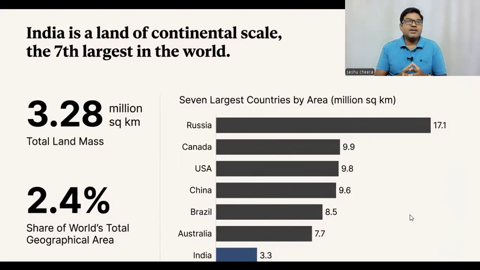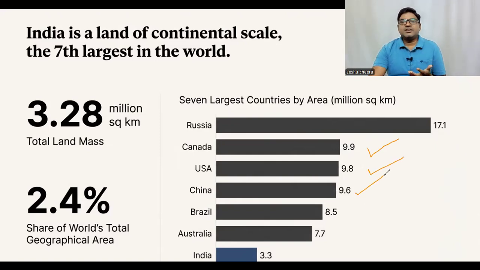As you can see on the screen, the largest country is Russia, with 17.1. Then we have Canada with 9.99. And then we also have USA with 9.8, just slightly lesser.